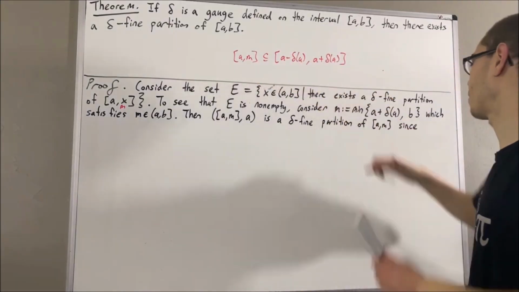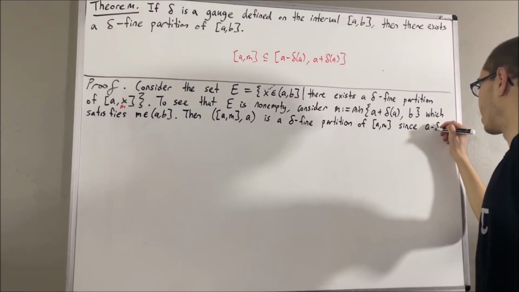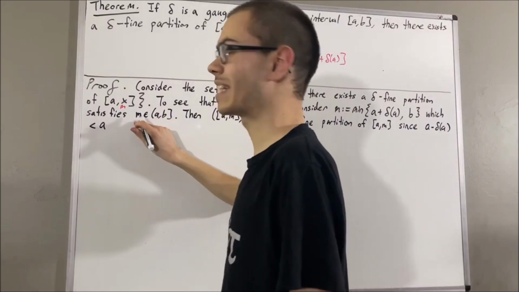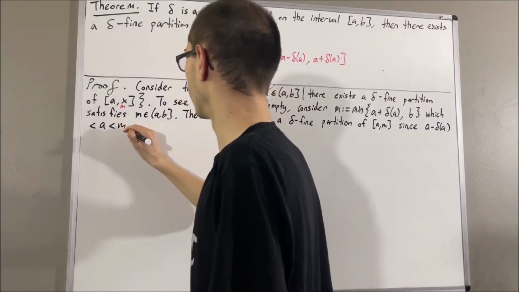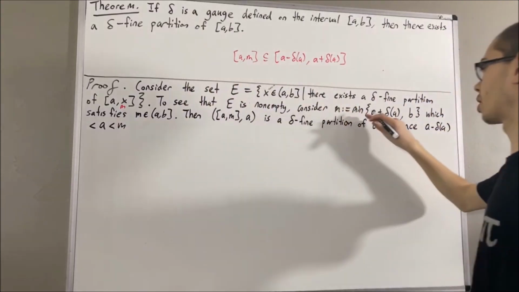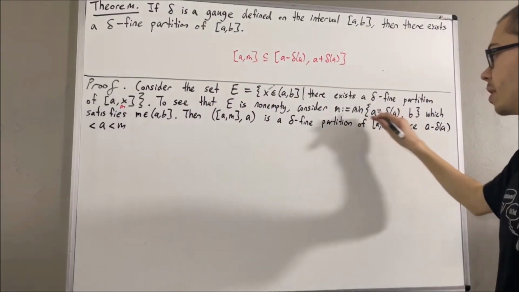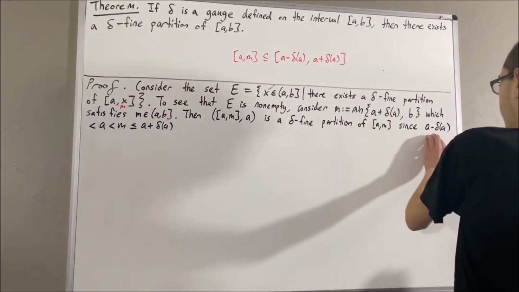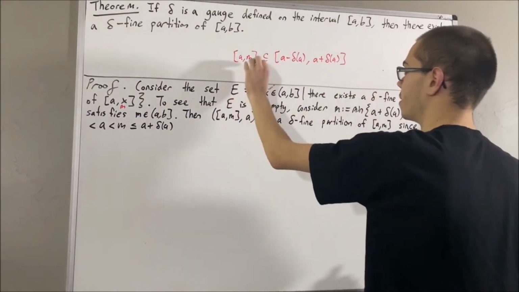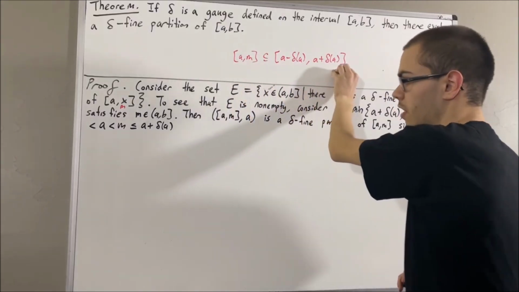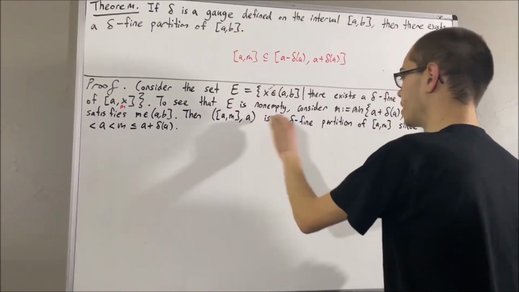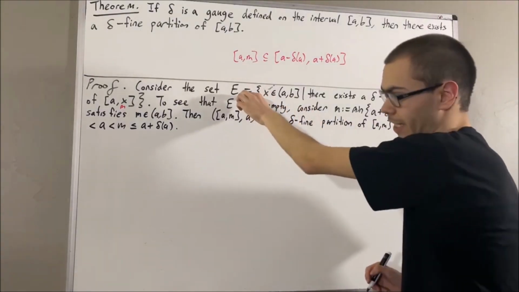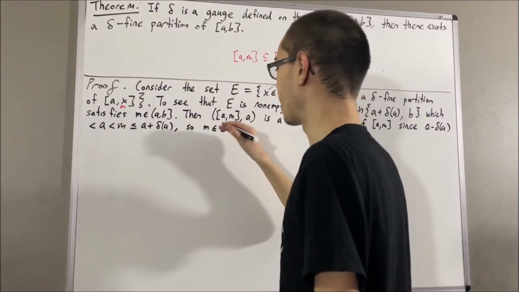We can see that this happens because we know that a minus delta of a is less than a, and a is less than m, and we know m is less than or equal to a plus delta of a, because m is the minimum of these two values. So these inequalities imply that this set is a subset of this set. So that shows that this is a delta-fine partition of a comma m. And that shows m is an element of E.